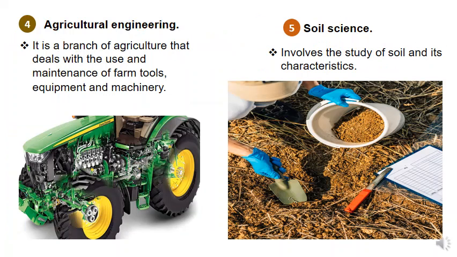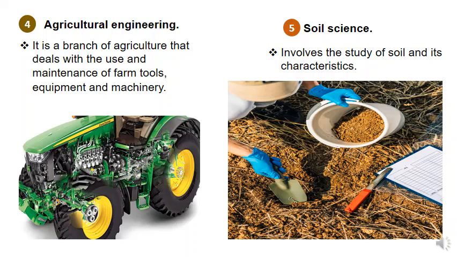The fourth branch of agriculture is agricultural engineering. Agricultural engineering is the branch of agriculture that deals with the use and maintenance of farm tools, equipments and machinery.